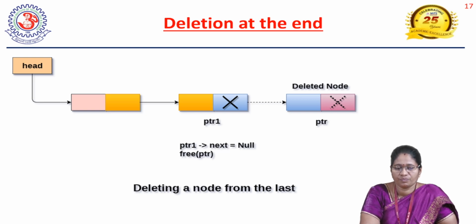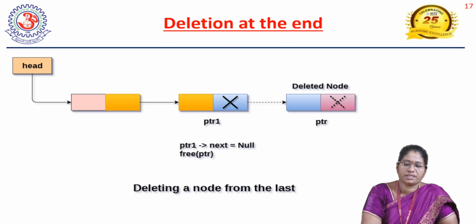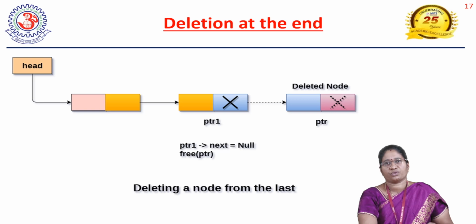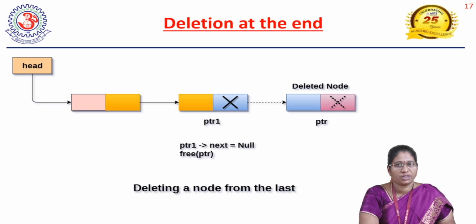So pointer one dot next is equal to null. After making that, automatically your last node is disconnected. So you have to go for free pointer. Free of pointer means you delete the already existing node of the list, that is the last node of your list. That is called deletion at the end.